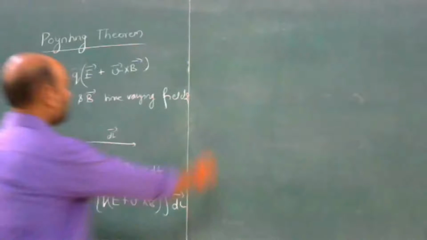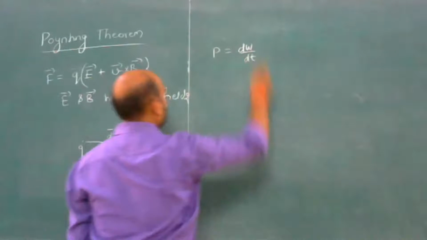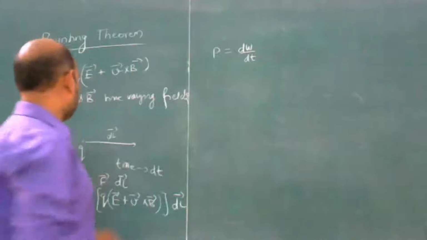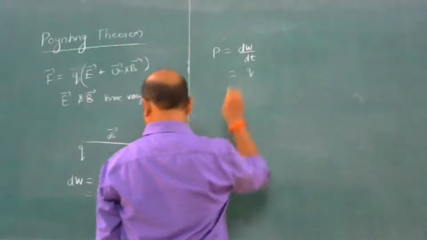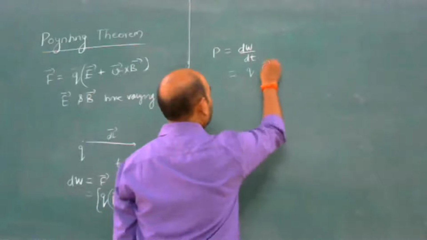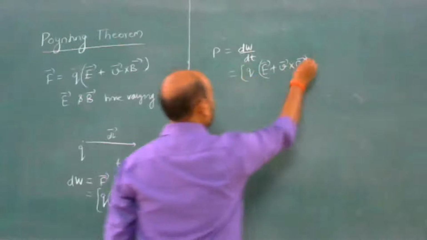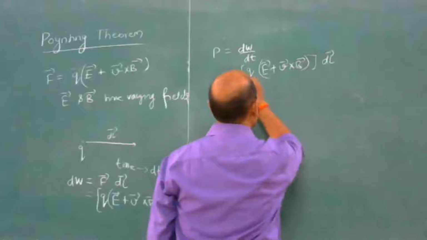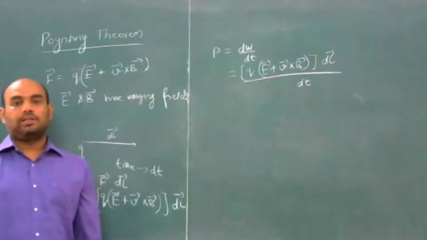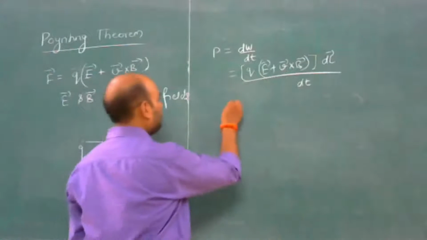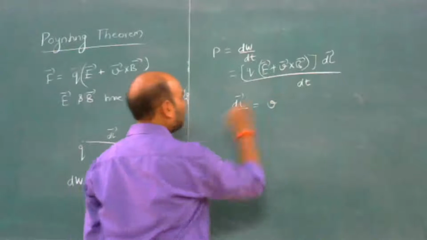Also power will be equal to dW divided by dt. Substituting the value of dW, this will be Q(E plus v cross B) dot dl upon dt. And what is dl by dt? This is distance by time, it gives you the velocity vector v.